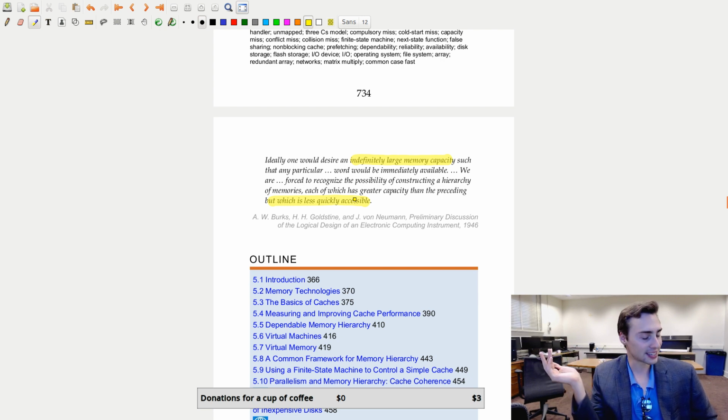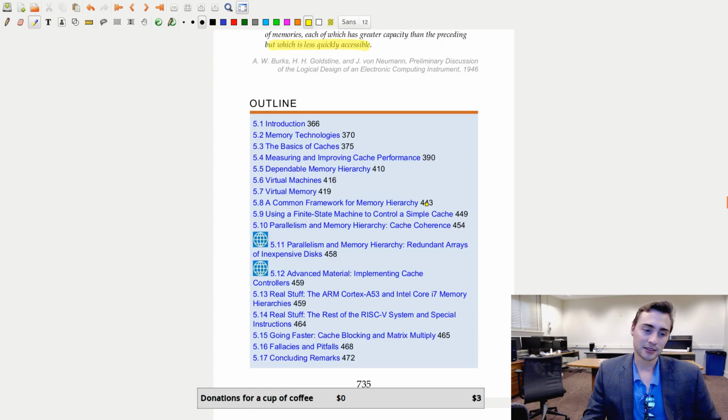Isn't that crazy? This is something that we still work on today. And back in 1946, it was introduced. So in a senior level class in architecture, you're learning about something that was proposed in 1946. So don't get the impression that what you learn in undergrad is what happens in the real world.